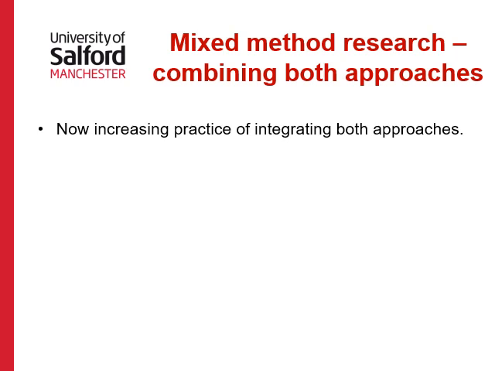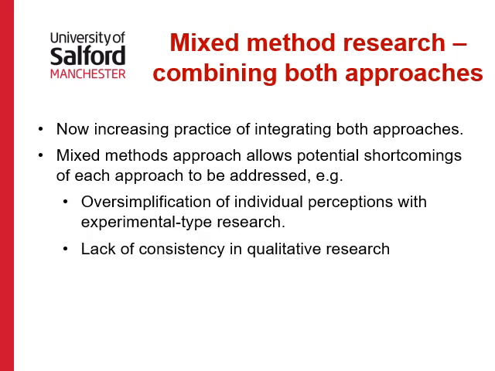So there's now an increasing focus on combining the quantitative and qualitative approaches, and this is called mixed methods research. And what this can do is allow you to overcome the potential shortcomings of the different approaches. So we've spoken before about how quantitative research can lead to an oversimplification of individual perceptions. So for example, if we're trying to understand how people experience different types of pain, we have to use this questionnaire-based approach if we use a quantitative approach, whereas we can explore people's perceptions if we use the qualitative approach.